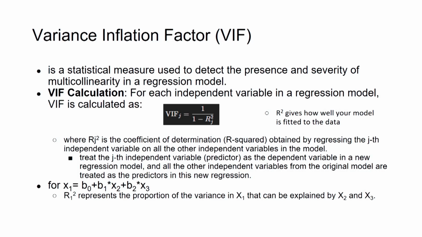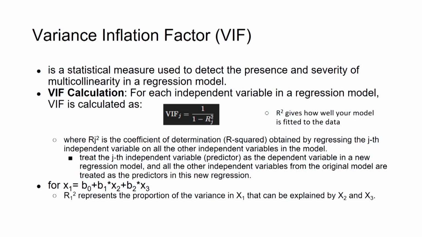Basically, R1 square will give you how much x1 depends on x2 and x3. R2 square will give you how much x2 depends on x1 and x3. Similarly, R3 square will give you how much x3 depends on x1 and x2.